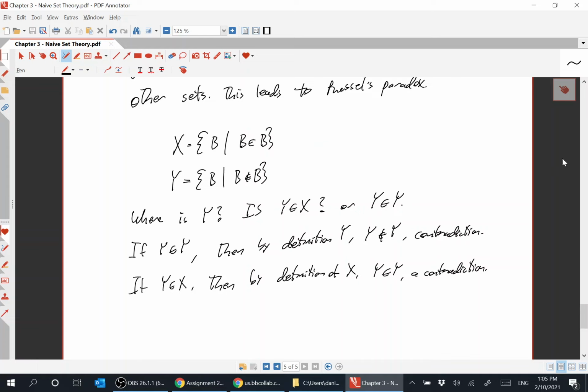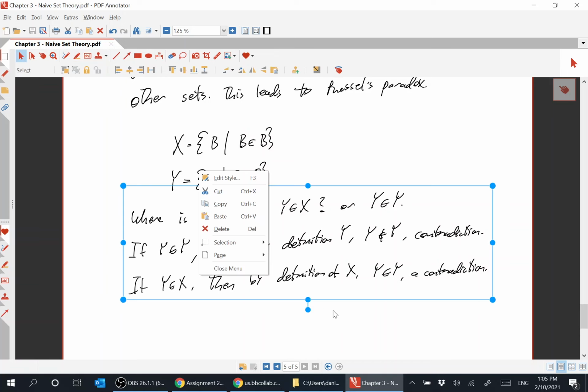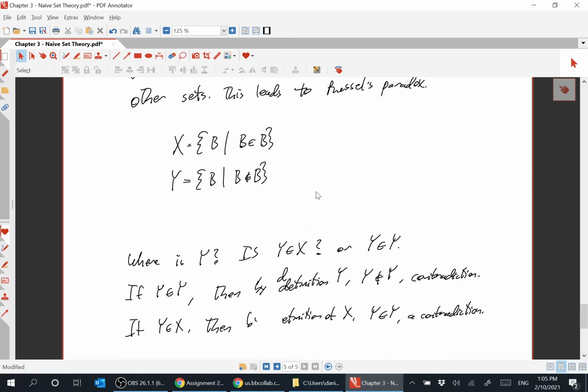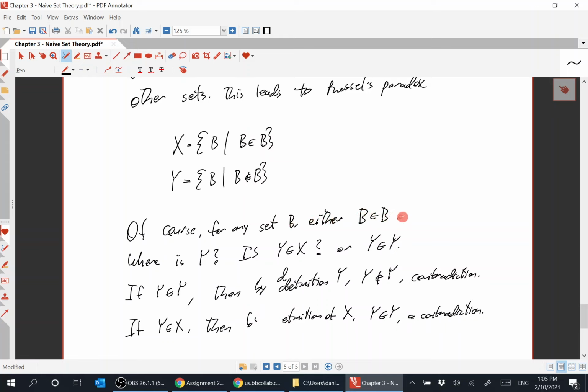Given any set B, either B is an element of B or B is not an element of B. It's one of these dichotomy things. Either it's in there or it's not in there.